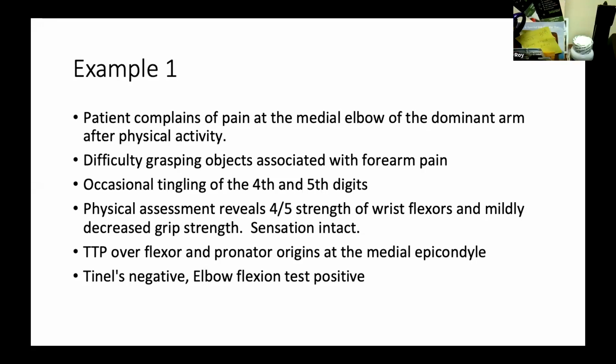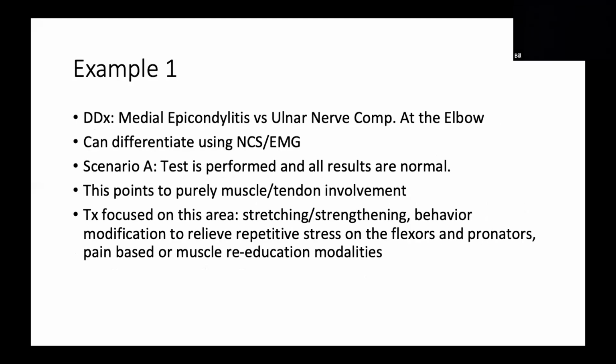What orthopedic type injury presents similar to cubital tunnel? Tendonitis. Yes, tendonitis of what? Medial epicondyle. Common flexor tendon. Common flexor tendon. So golfer's elbow, medial epicondylitis, versus ulnar nerve compression.